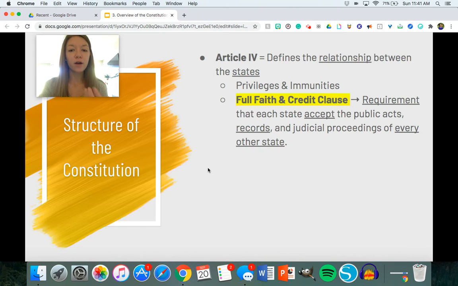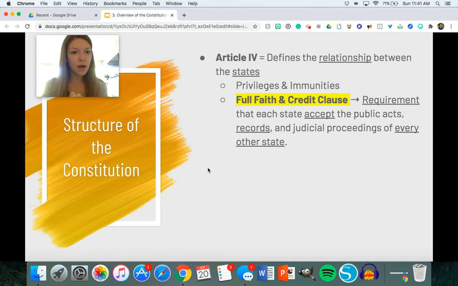And this is the requirement that each state has to accept the public acts, the records, and judicial proceedings of every other state. So the best example that I like to give here is my marriage and the license that we had to get. My husband and I, we live in Ohio, but we got married in Kentucky. Okay, my marriage license says Kentucky on it.